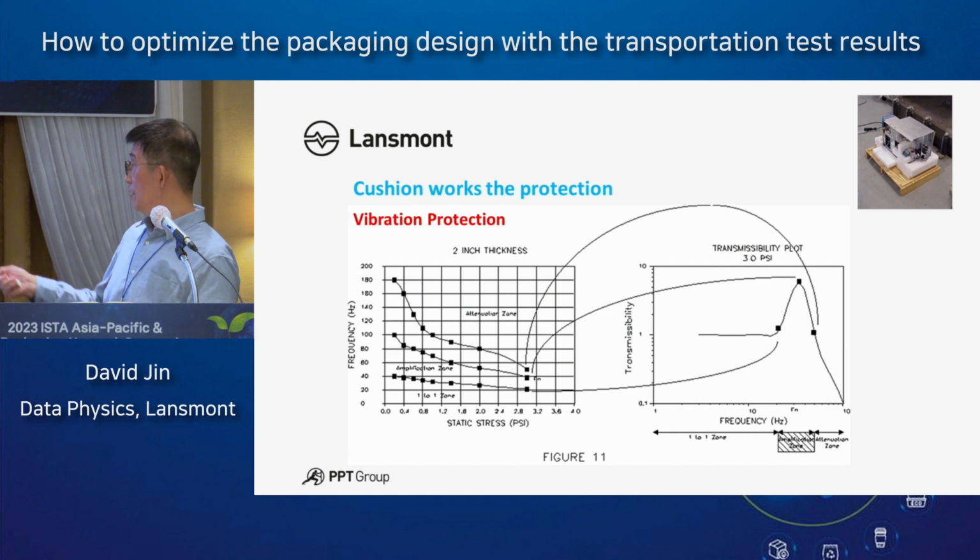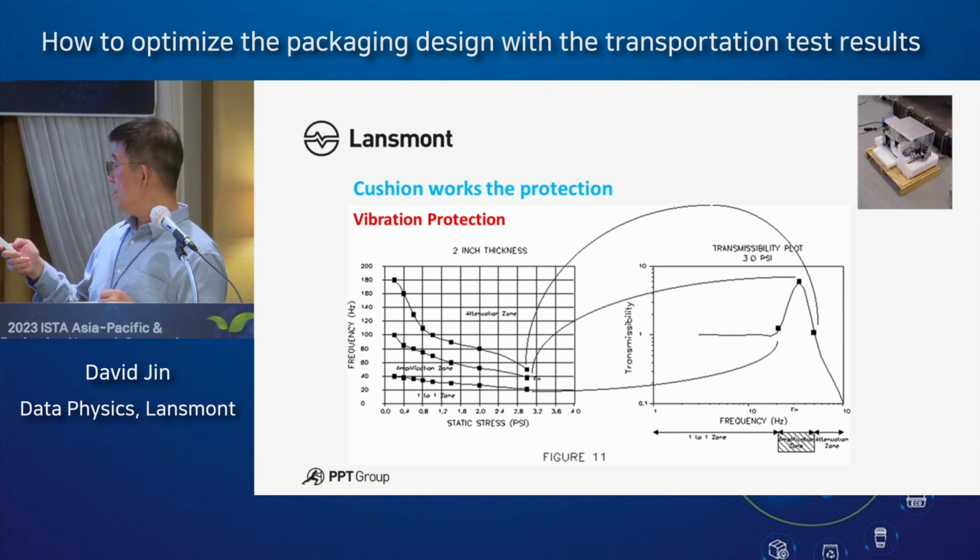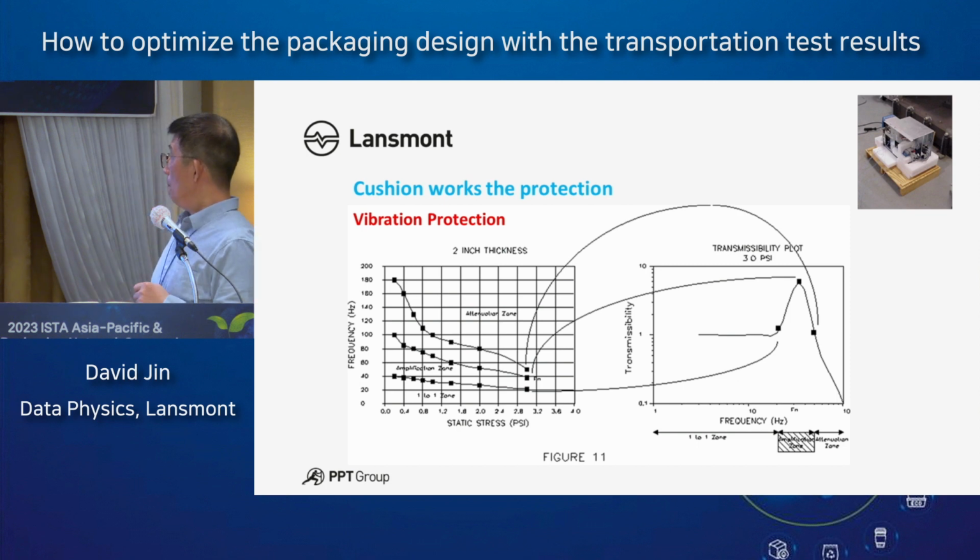So that is something we're going to consider in the vibration. So at this time, we pick the frequency for one. If we pick the 1 to 1 zone, we choose one of these materials. So we choose this material for vibration purposes.